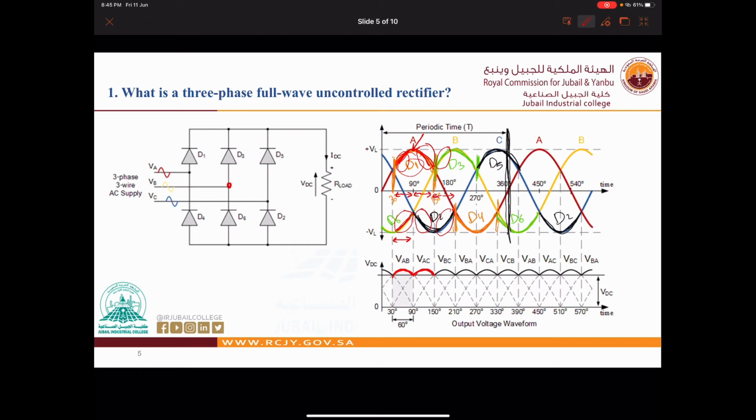D3 is for the positive part, and D2 is for the negative part. Now it will go from here through D3. Of course, it will be forward biased. It will go through the load, and through D2 it will come back to VC. Now the voltage difference is between VB as positive and VC as negative, so it should be VBC.